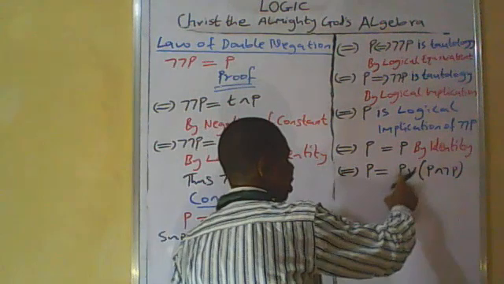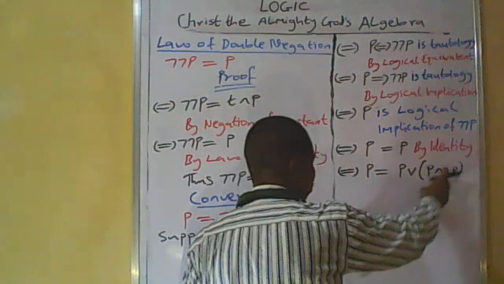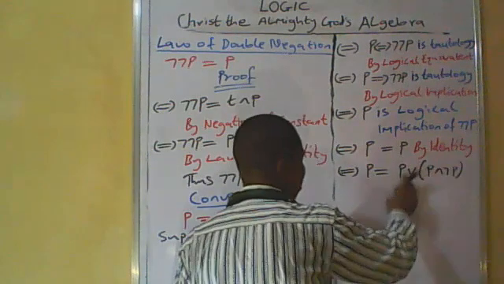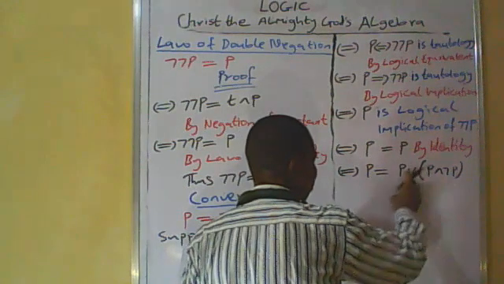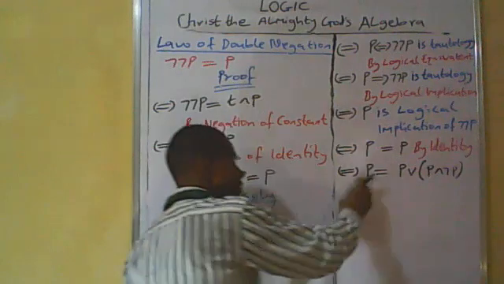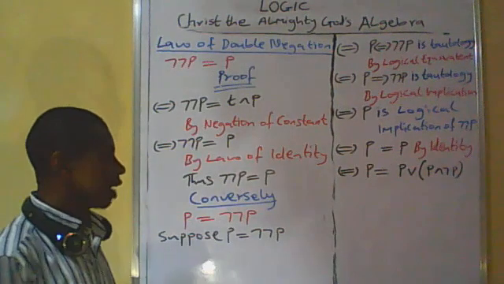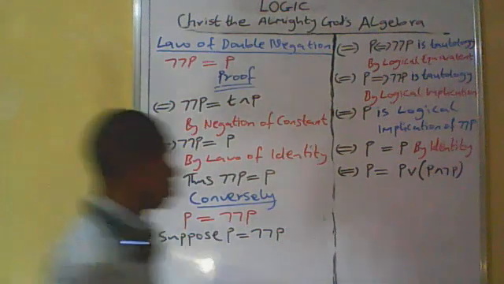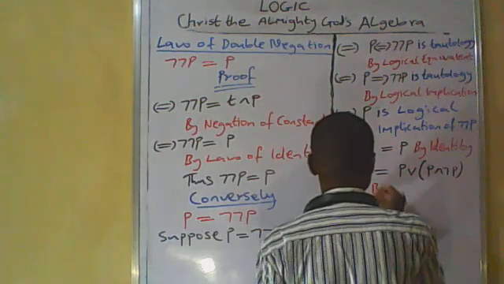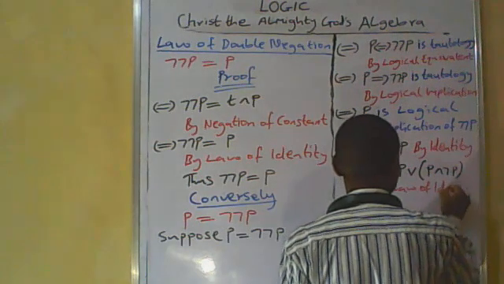This P has now been ORed with P and not P. That's equivalent to F, and when F is ORed with any term, that term remains. So P or F is equal to P, which is equivalent to the left hand side of the equation. So being justified by law of identity.